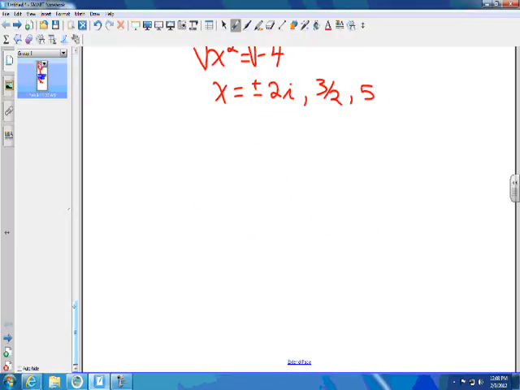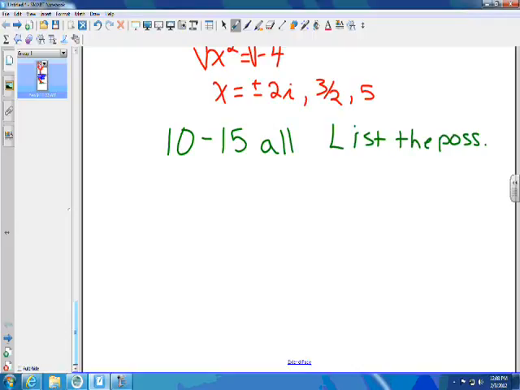Homework. The first problems you need to do are 10 through 15. All. And the directions are just list the possible roots. Then you will do 2, 4, and 6. And 16 through 28.